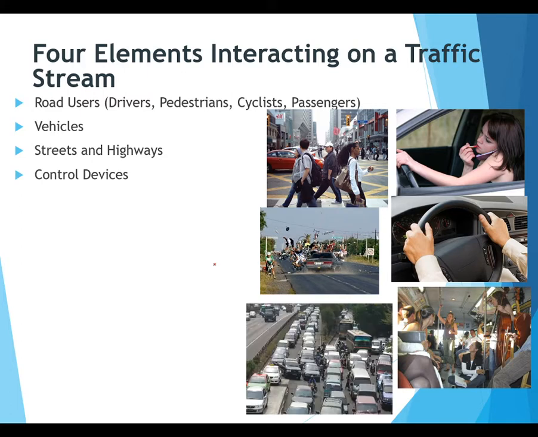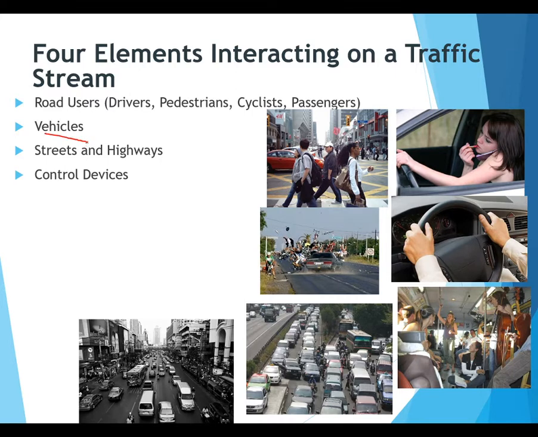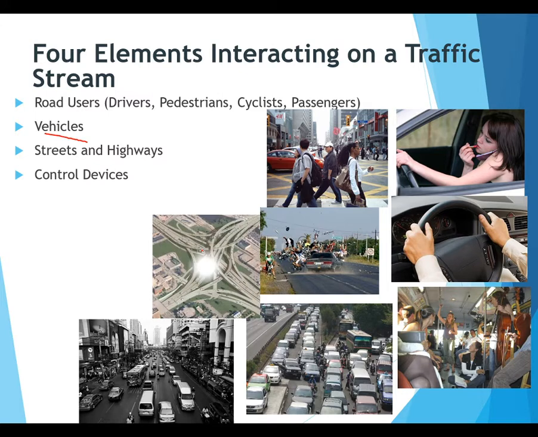We talk now about the other factors. Number two is vehicles, any kind of vehicles. Vehicles include cars, buses, and any other kind of vehicle that can carry people. Number three, we talk about streets and highways.